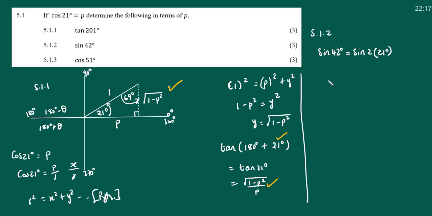And if we remember that sine 2 theta is 2 sine theta cos theta, in a similar way, sine 2 into 21 would be 2 sine 21 cos 21.